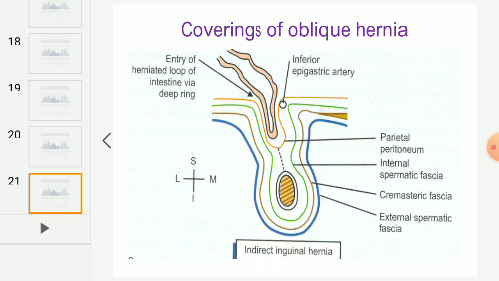The contents were spermatic cord in males, round ligament in females, and also ilioinguinal nerve. Next we studied about the coverings of spermatic cord: internal spermatic fascia, cremasteric fascia, external spermatic fascia. Then we studied about mechanism of inguinal canal. Then we studied applied anatomy, that is inguinal hernia, direct and indirect types.